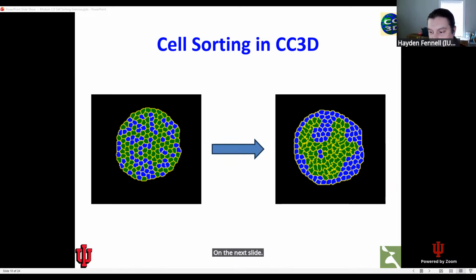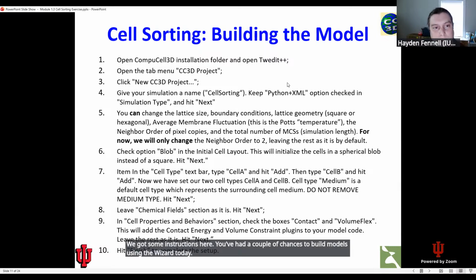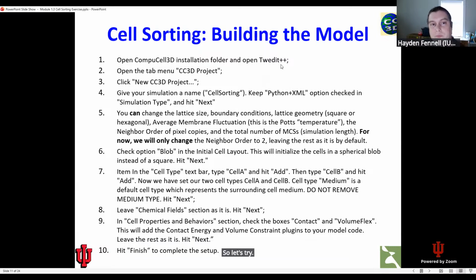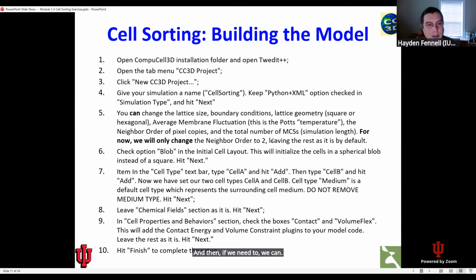So if you've got CompuCell open now, we've got some instructions here. You've had a couple of chances to build models using the wizard today, so let's try for one more. I will let people try this on their own for the next 5 to 10 minutes, and then if we need to, we can walk through it together.